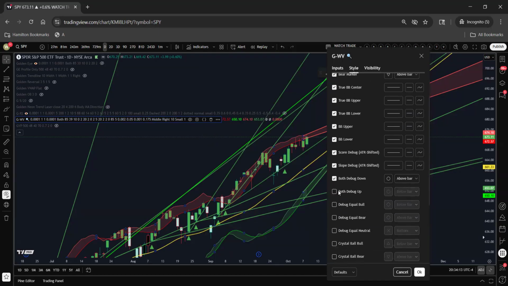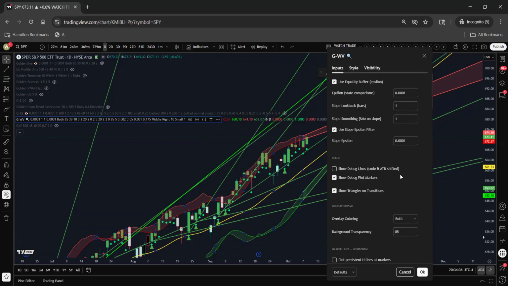So we want to see when both of the debug plots are up without seeing the debug lines. So, all right, let me turn the debug on so you guys understand what I'm talking about.